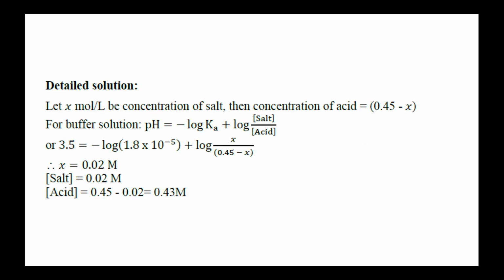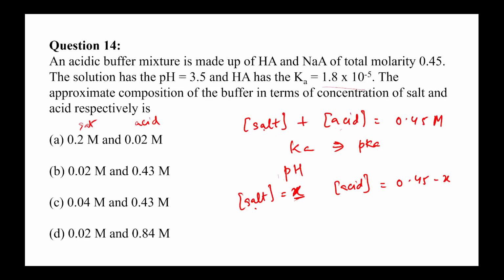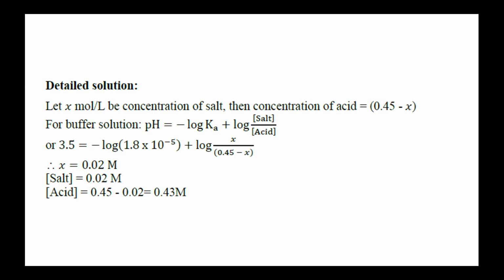So as I've explained, let's say the salt concentration is X, then acid concentration would be 0.45 minus X, and then whatever you have done in the previous question, same thing you have to do. Calculate pKa first. So pKa would be negative log of 1.8 into 10 raised to the power minus 5.